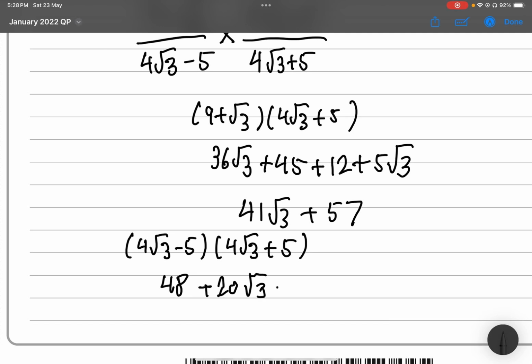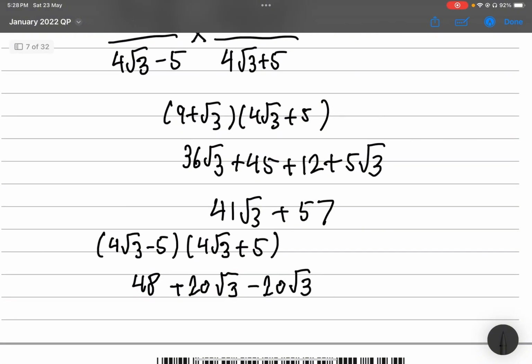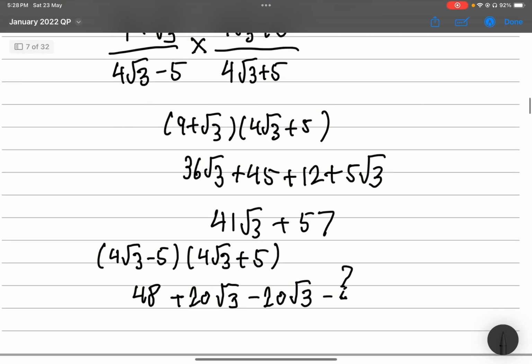Minus 5 times 4 root 3 is minus 20 root 3. And then minus 5 times 5 is minus 25. So 20 root 3 minus 20 root 3 cancels out. And then 48 minus 25 gives us 23.